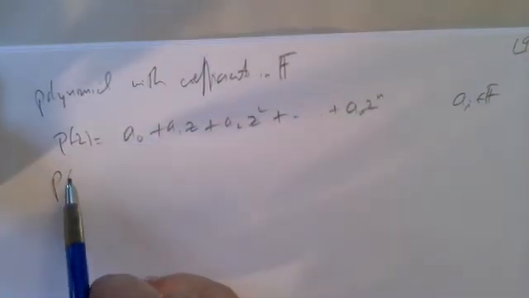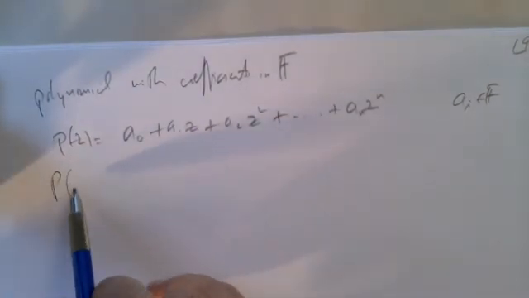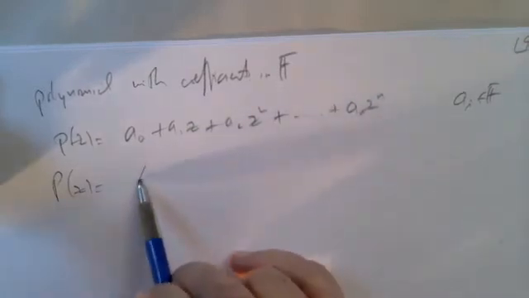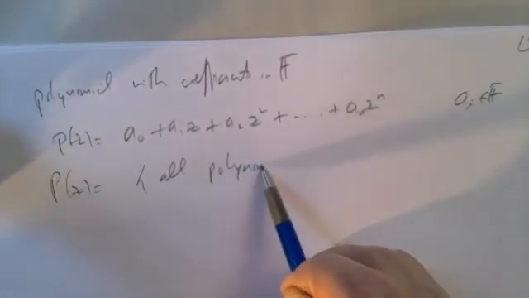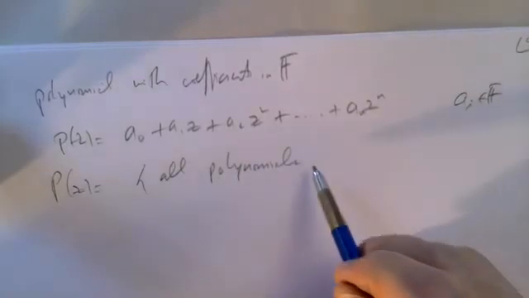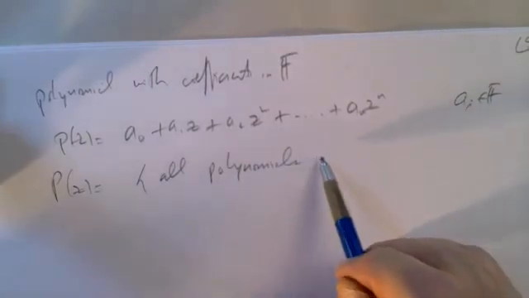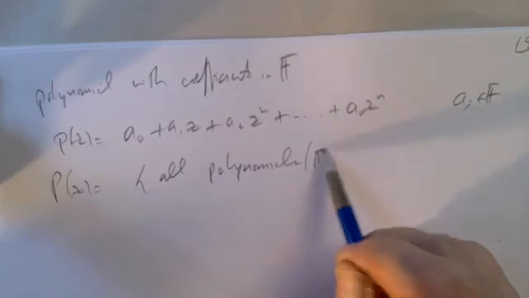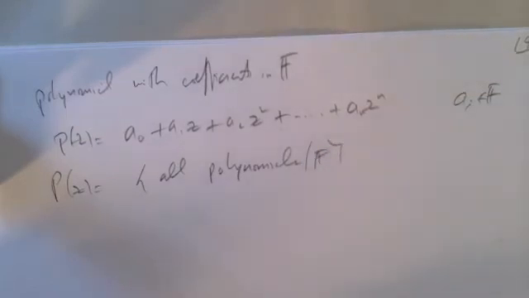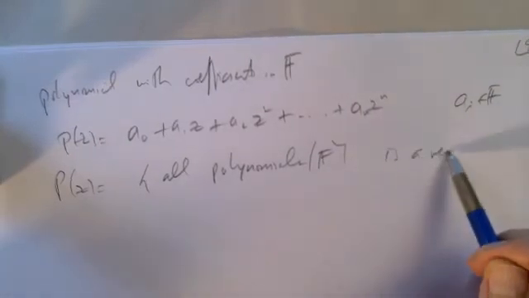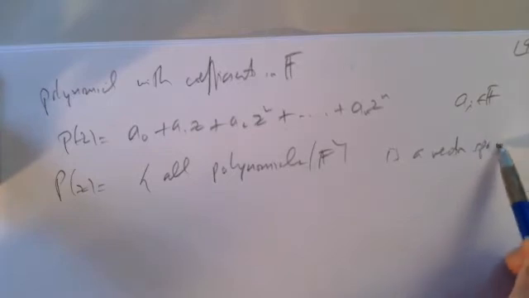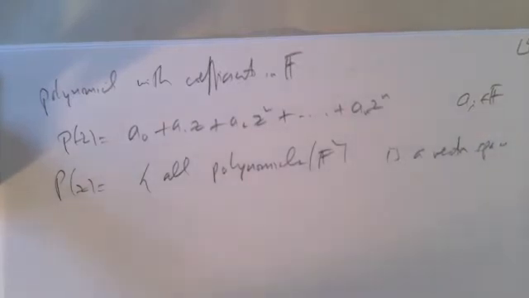And let script P of Z be the set of all polynomials with coefficients in F. And this is a vector space. This is another very important example of a vector space.